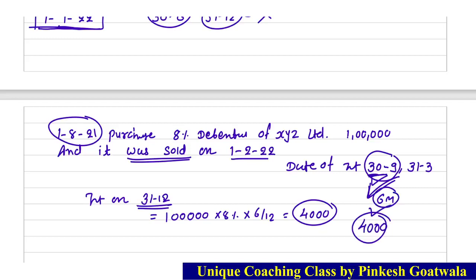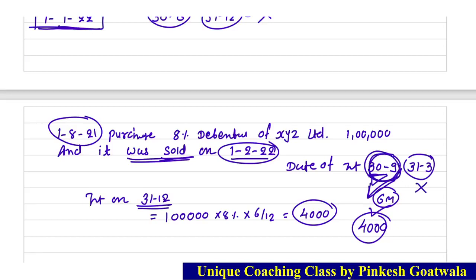Now what about 31st March? Will he get interest on 31st March? No, because it was sold on 1st Feb. It has been sold in February, and 31st March, the next due date of interest, he will not get interest on this date, so he will get only 6 month interest which is due on 30 September.